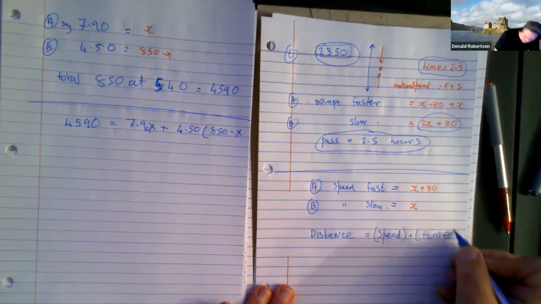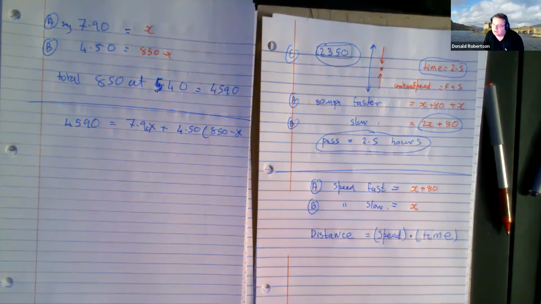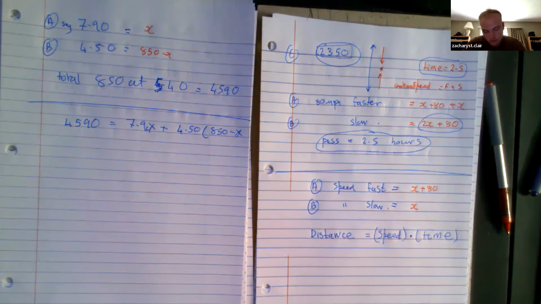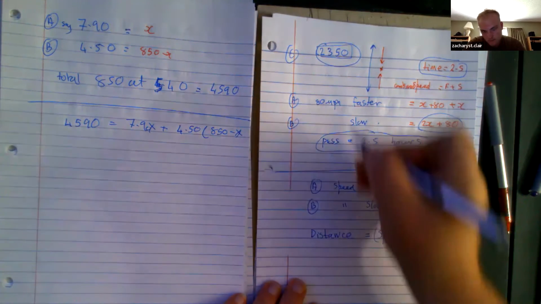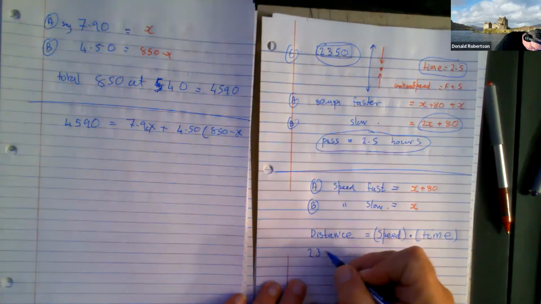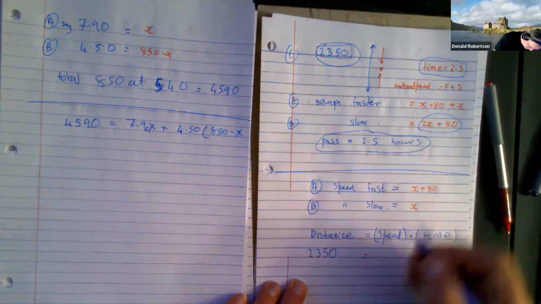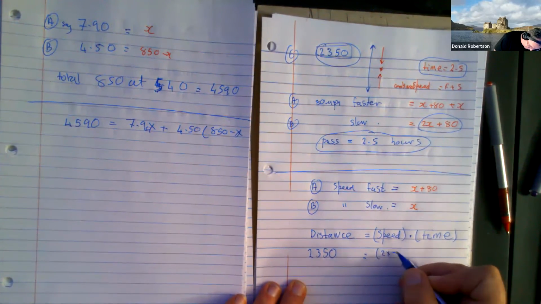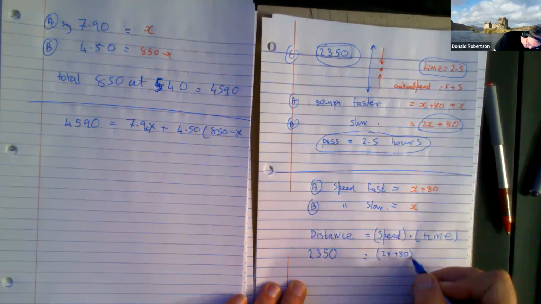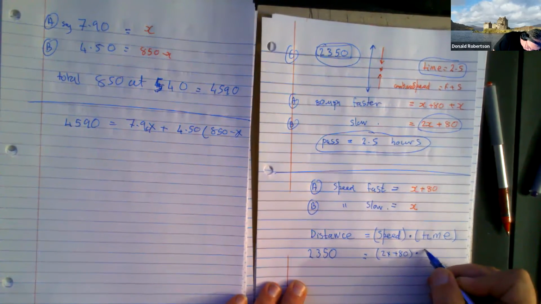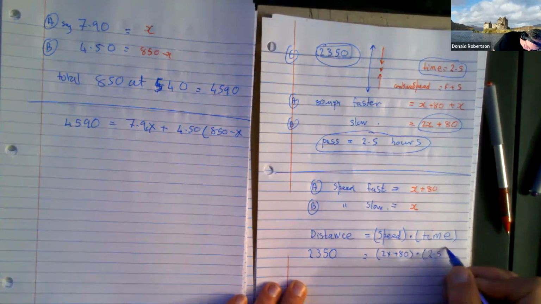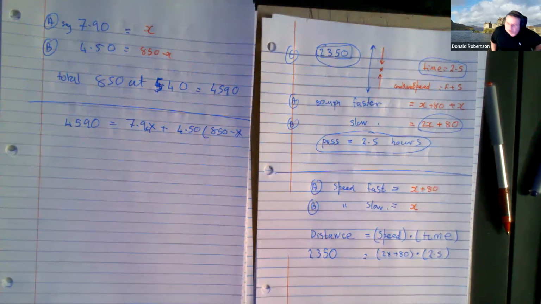You remember that formula? Distance traveled, speed multiplied by time. And I know the distance traveled was 2,350. I know the combined speed is 2x plus 80. And the time was 2.5 hours.